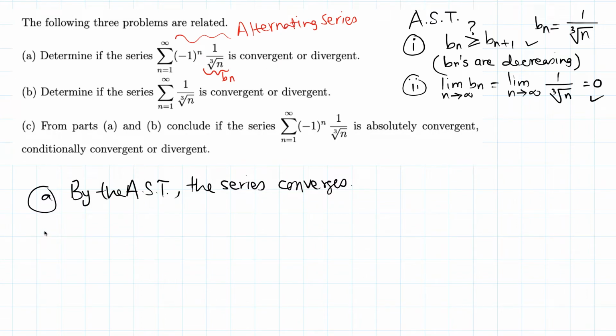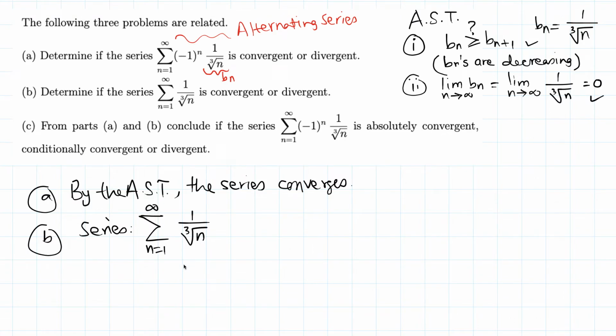That is part A. Now part B is about the same as this one, but without negative 1 to the n. So the series is the same.